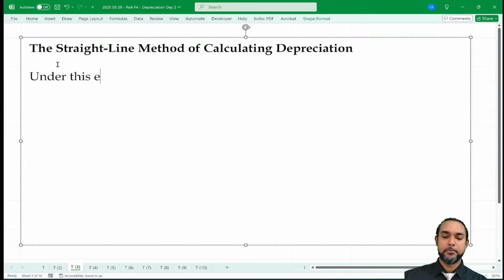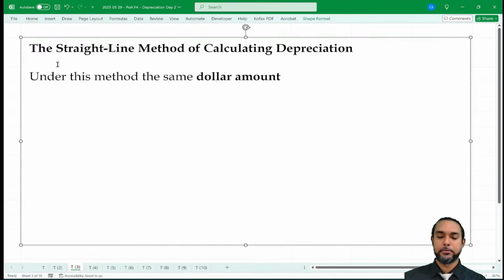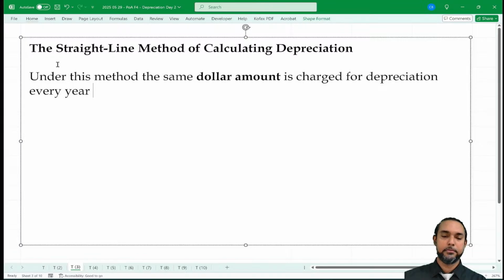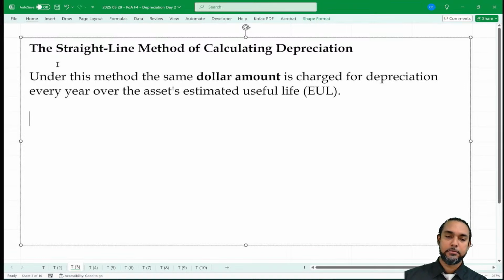Alright, so under this method, the same dollar amount is charged for depreciation every year over the asset's estimated useful life, or EUL. Alright, so the formula is as follows.